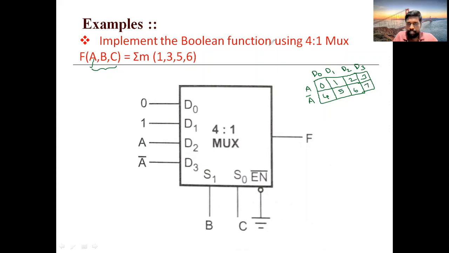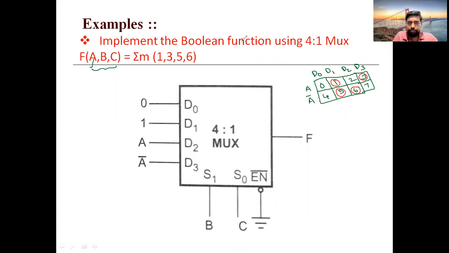Total you are having 8, right? Now circle the numbers. 1 is given, 3 is given, next 5 is given, and then 6 is given.